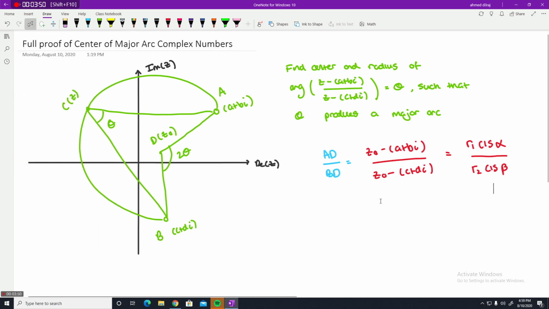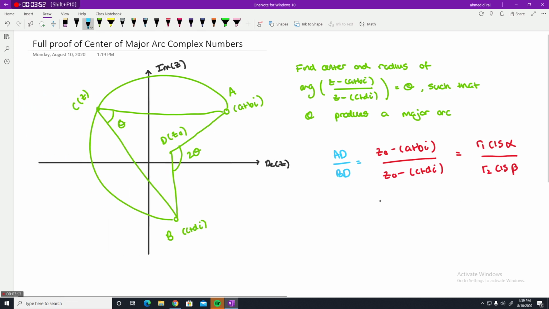Now, if we go back to our diagram, we can have a look at what angle alpha and angle beta are. Angle alpha is the angle that the complex number AD makes with the real axis. So if I drew a pretend real axis right here, this is the angle alpha.